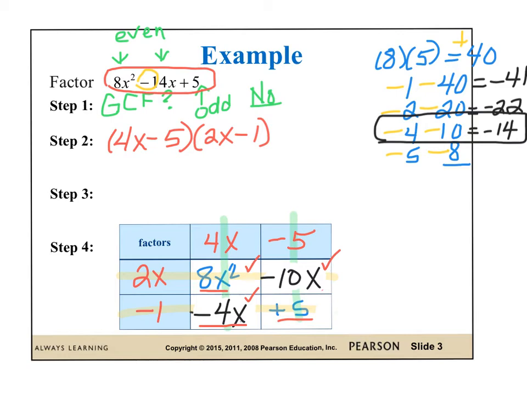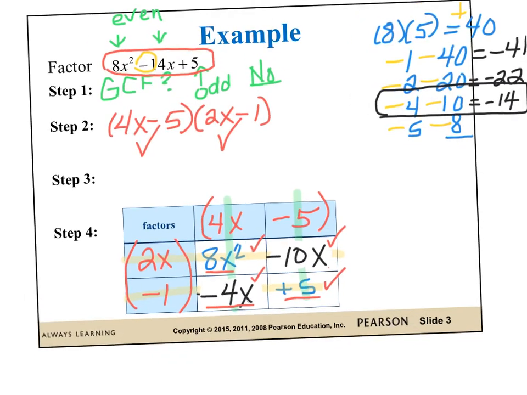And then our last check, which verifies that our process was correct, is that negative 1 times negative 5 is indeed positive 5. And you see that we get the exact same factors. They simply appear in the opposite place of where they did the last time. So this process always works for you to be able to find the factors. So we'll do another example now.